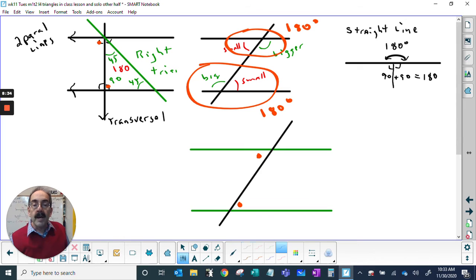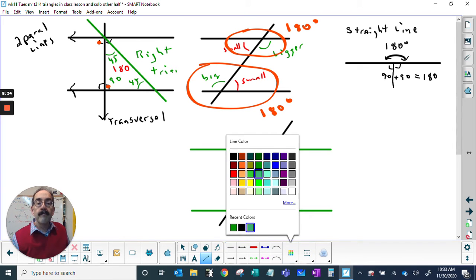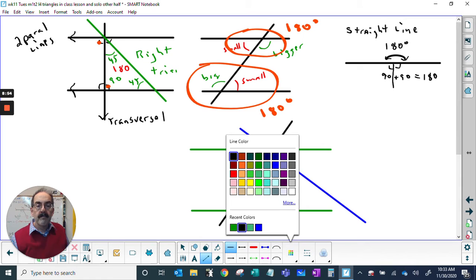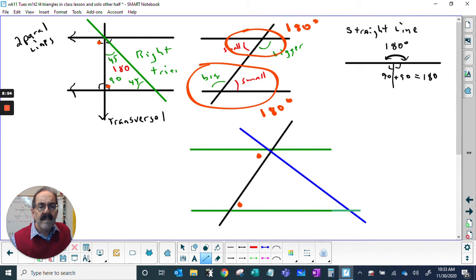And I want to cut another transversal. Let's get a blue line here, and I'm going to make it obviously different. Now, that red goes there.